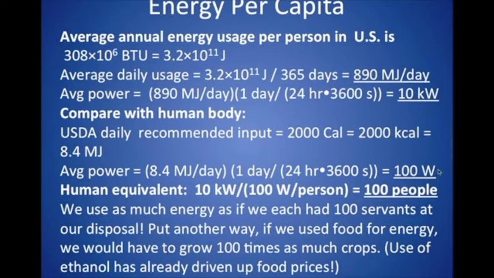So your body uses energy at a rate of 100 watts, 100 joules per second, whereas the actual total energy usage per person is 10 kilowatts, or 10,000 watts. So you look at that ratio, we each use as much energy as 100 people. So it's as if we had 100 servants at our disposal in terms of how much energy we use.